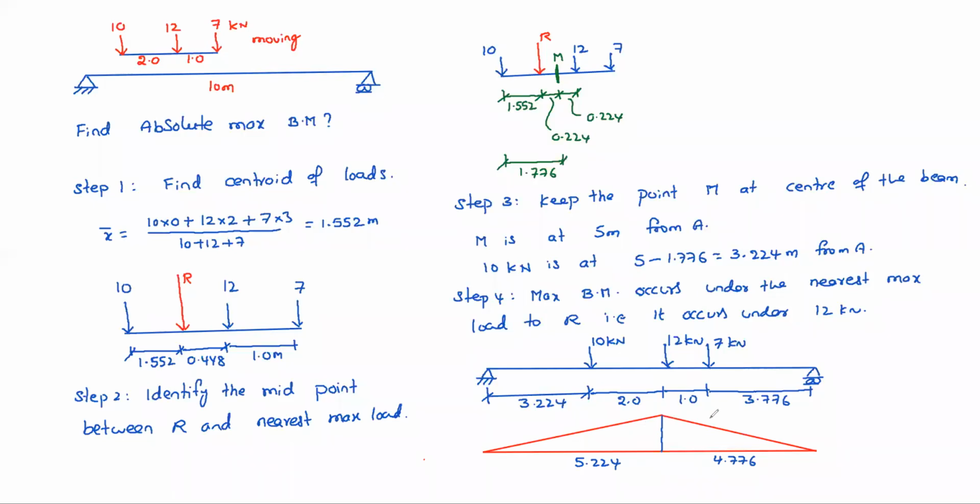This is 5.224 into 4.776 by 10, it is 2.495.